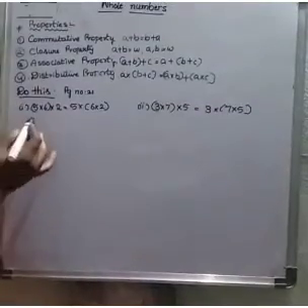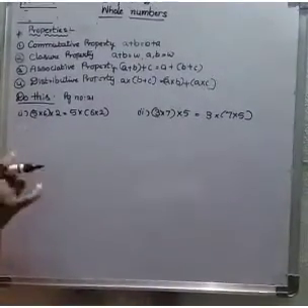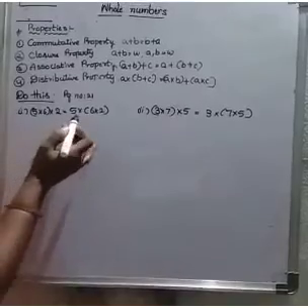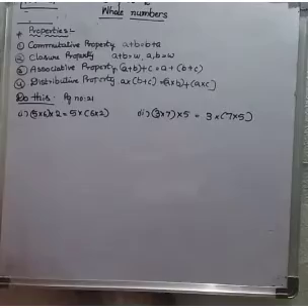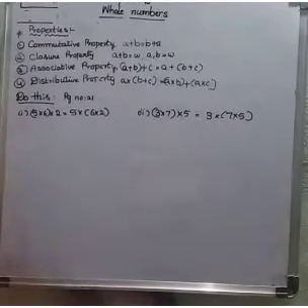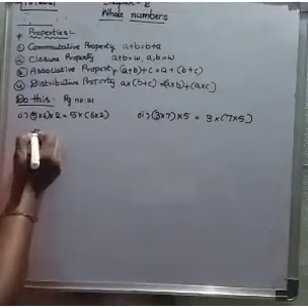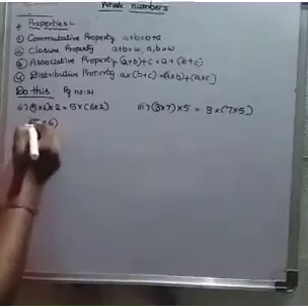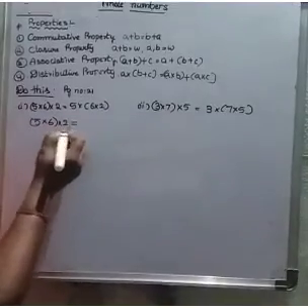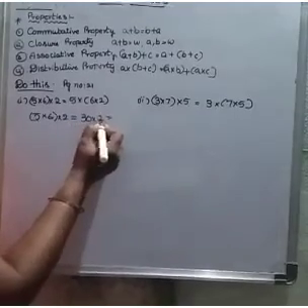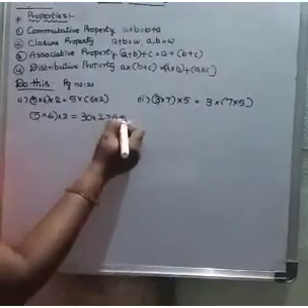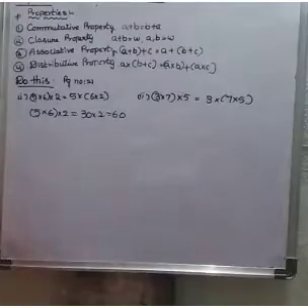Look here children. 5 into 6 in one bracket into 2 equal to 5 into 6 into 2 in the other bracket. First one: 5 sixes are 30. 30 into 2, 3 twos are 6, remaining 0 right here. 60.